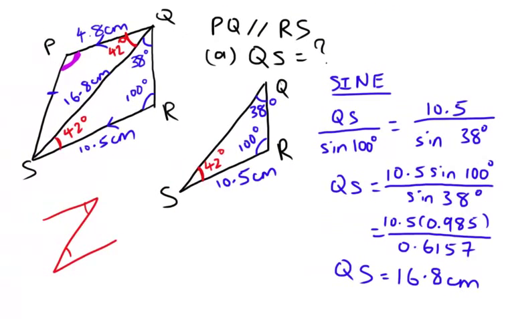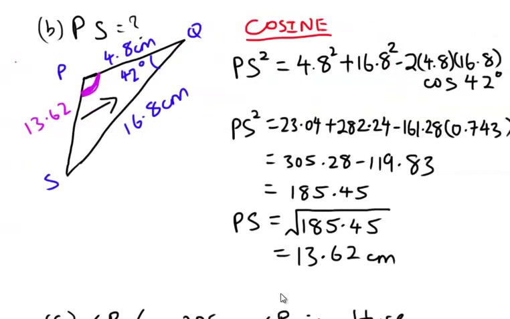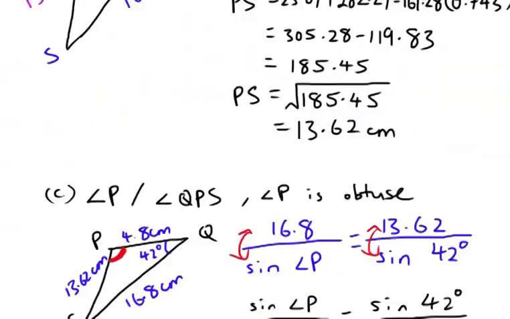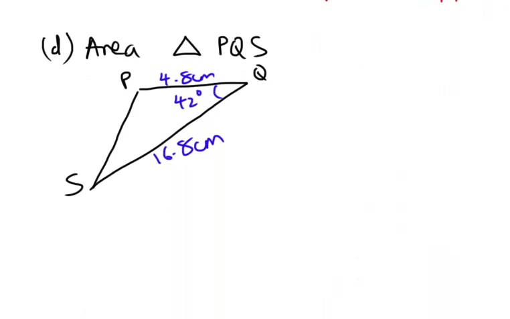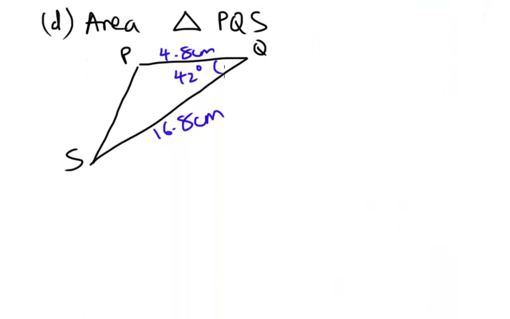So now we want to find the area for triangle PQS, and we'll focus on that triangle now. And we have found the 42 degrees. We know the PQ is 4.8 cm, and we found the QS is 16.8 cm as well. So now we will find the area of triangle PQS.